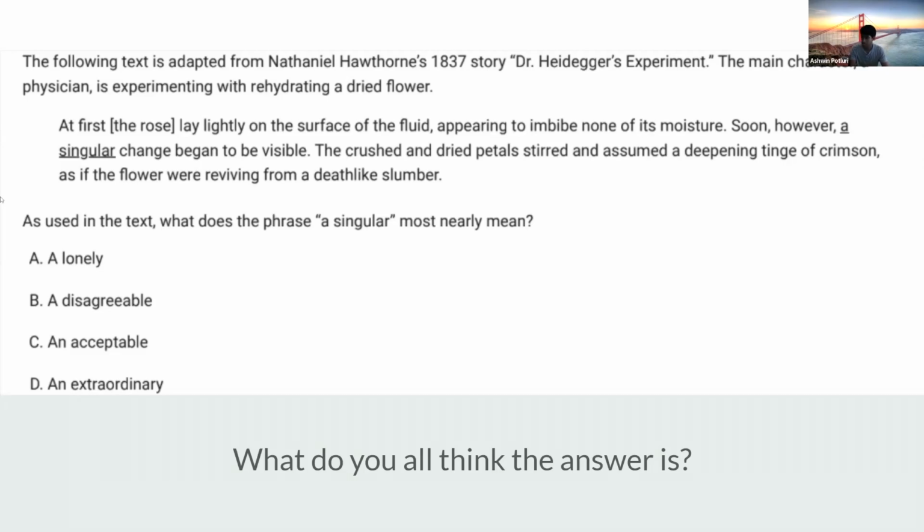It's not really expected. So it's a bit confusing, but we have to take both the reading comprehension and the vocabulary and combine both of those. And in this case, if you combine both of those, you get lonely, because the text is also describing a lonely change began to be visible, a very extraordinary lonely change. Does anyone have any questions they'd like to ask?